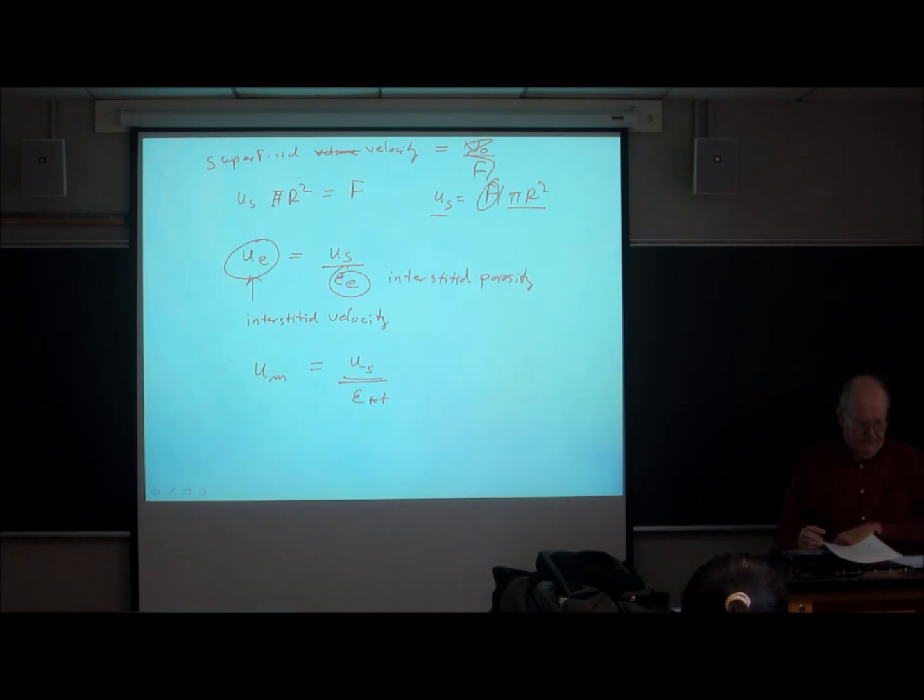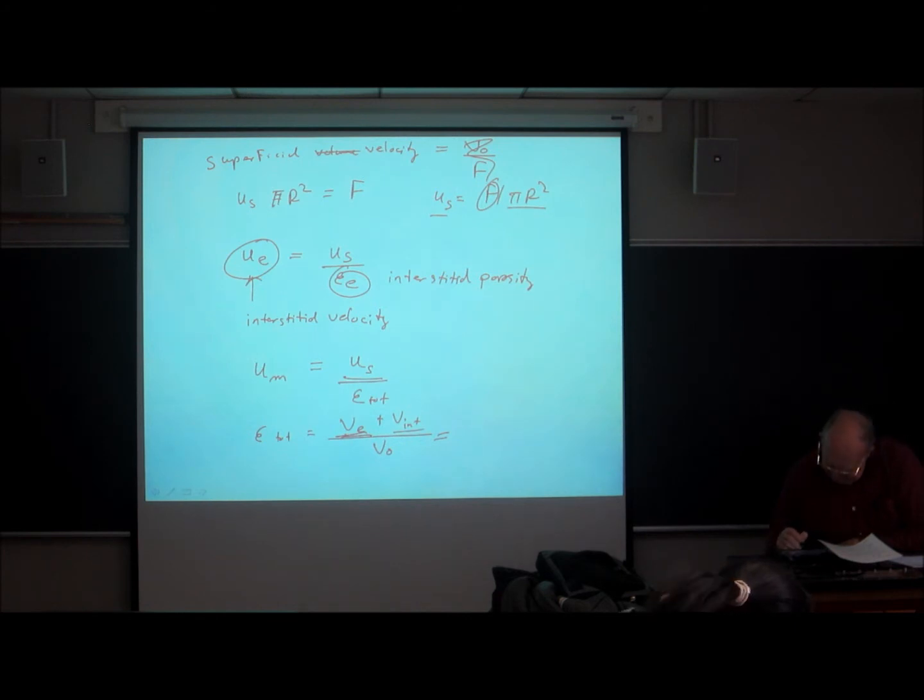The total porosity of the bed is very easy to calculate. E total, epsilon total, is the interstitial volume plus the internal volume divided by the total volume of the unpacked tube. And in the previous overhead, we came up with equations for VE and V internal, and I'm just going to make believe we do the algebra.